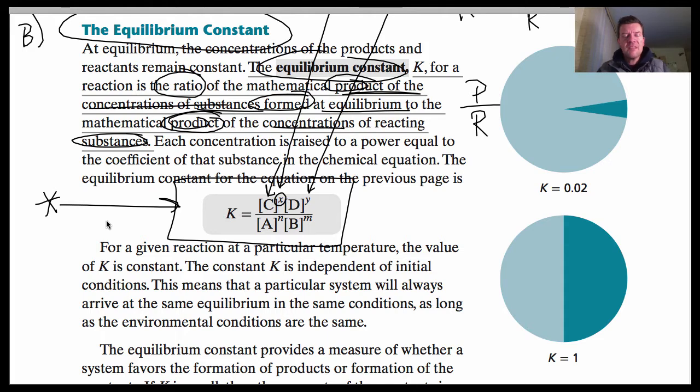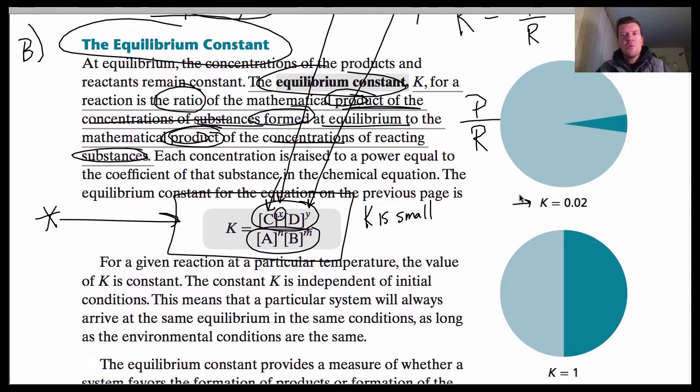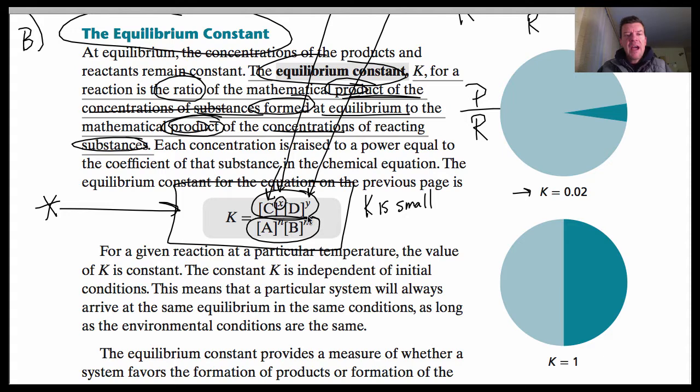Okay? Now, let's just stop for a second, though, and talk about what this K value is going to tell us. All right? Let's say that this K value is small. If this K value is small, that means this top number is small compared to the bottom number. What if the K value is like 0.02? Well, that means you've got lots of reactants, the bottom number, compared to the products.